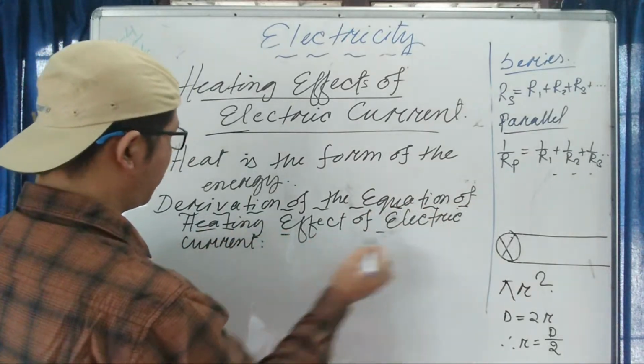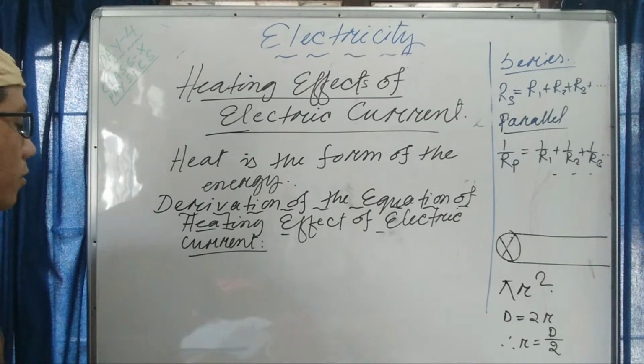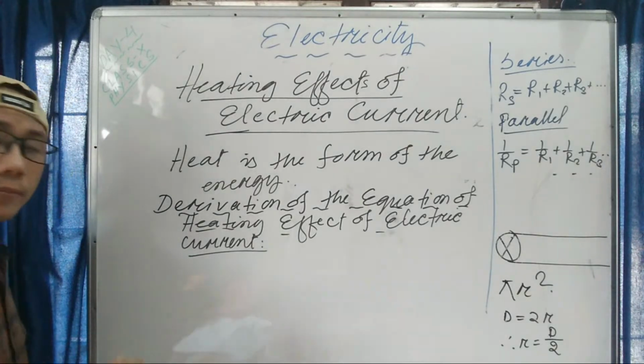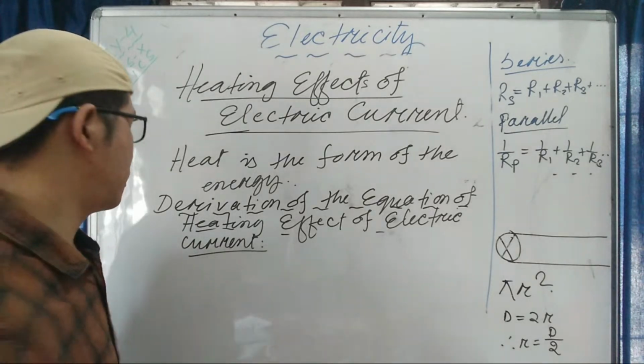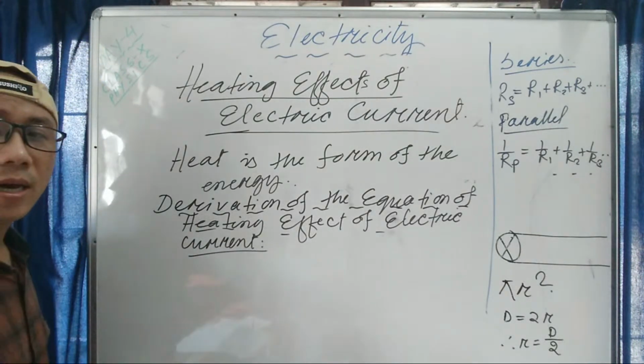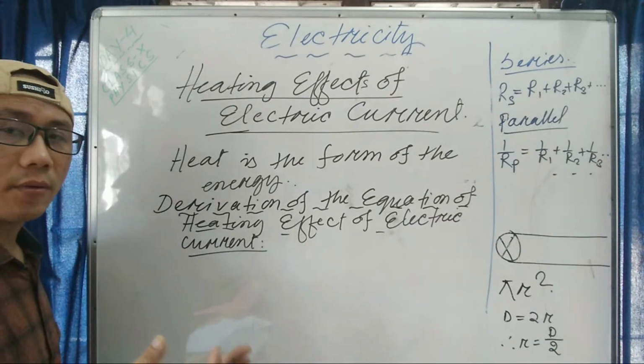So here we are going to learn. It will start from the potential difference that we already learned, or from the current also we can start, no problem. All right, let's start from the current.